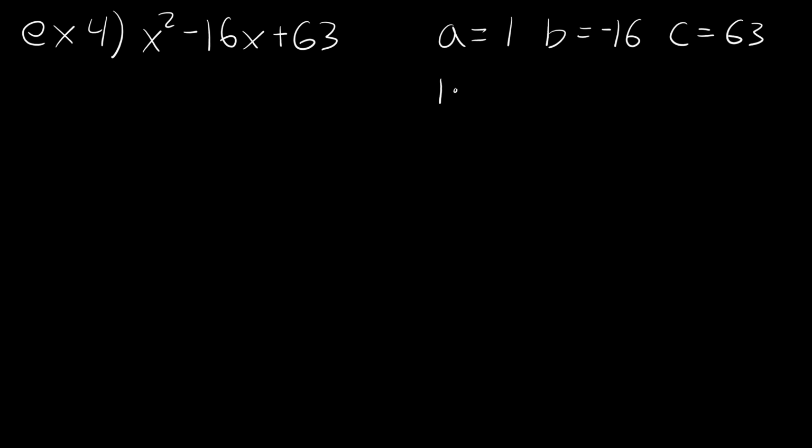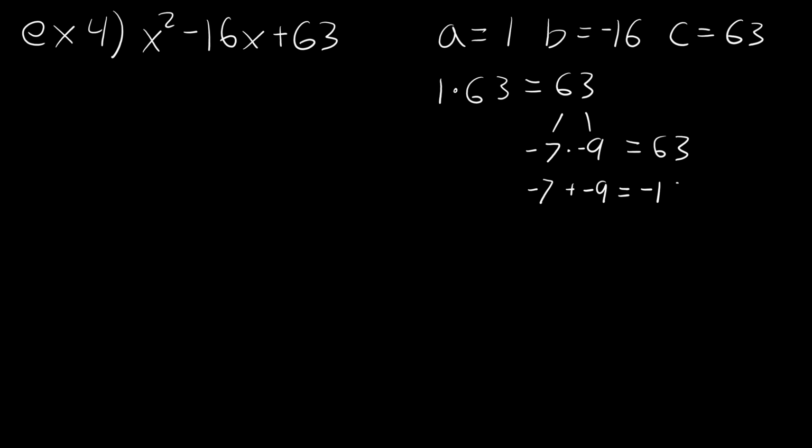So 1 times 63 equals 63, and factors of 63 can be 7 and 9, which equals 63, but we need them to add to negative 16, so negative 7 and negative 9. So negative 7 plus negative 9 equals negative 16.